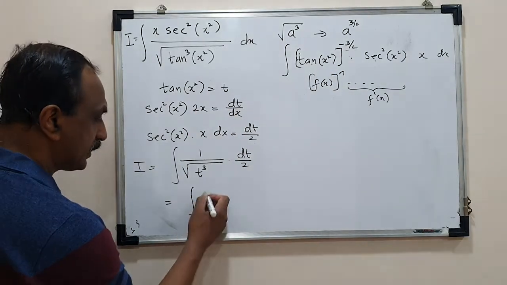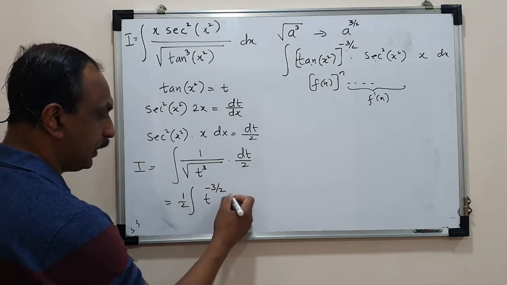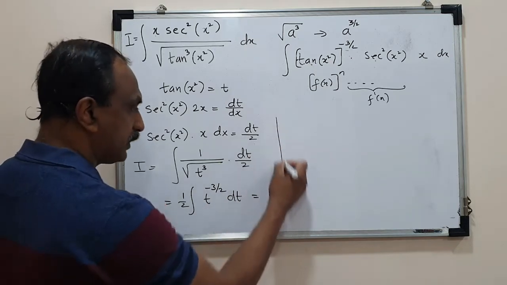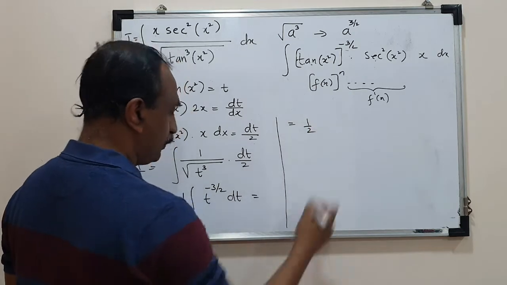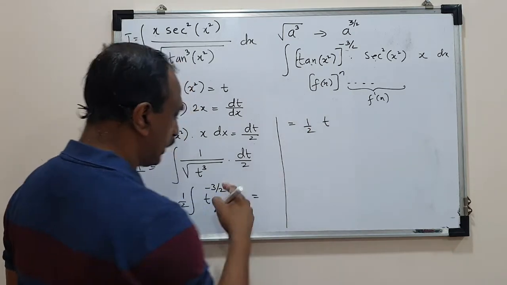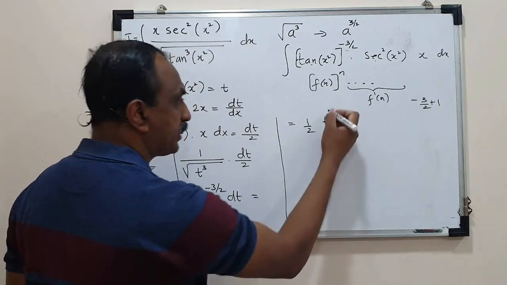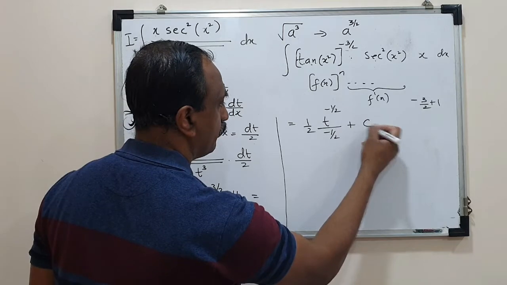Now I can integrate this as t raised to minus 3 by 2, 1 by 2 goes outside, into dt. Further on integration, the power is increased. So half into t raised to minus 3 by 2 plus 1. Minus 3 by 2 plus 1 will give you minus 1 by 2, divided by minus 1 by 2, plus c.